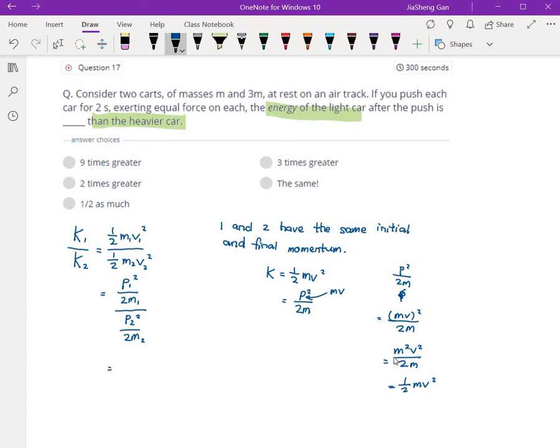Okay, we flip things around, so it will be p1 square divided by p2 square times 2m2 divided by 2m1. It's mathematical manipulation, but just now we said that P1 is equal to P2. This one is from the previous question.